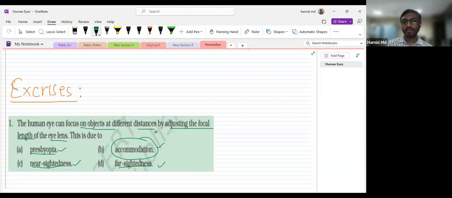Can we say conditioning? What do we mean by condition? Condition means training, right?